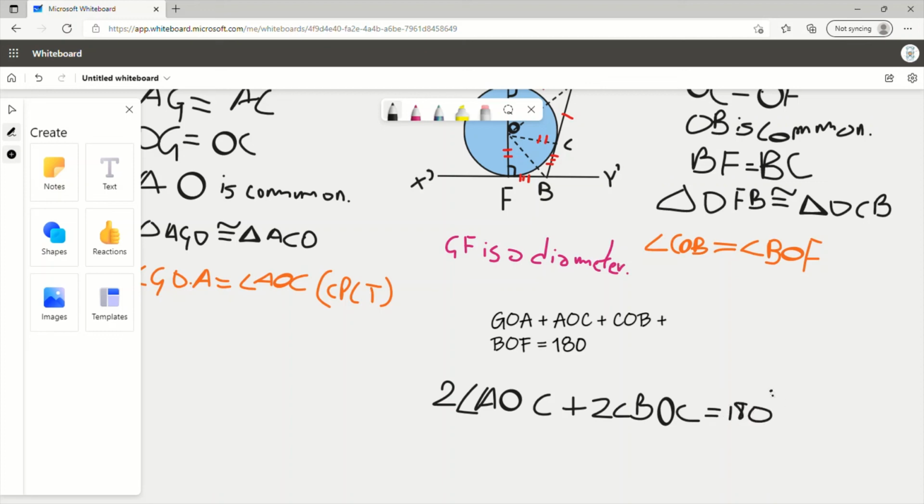So if we divide both these sides by 2, we get angle AOC plus angle BOC, which is 90 degrees, or in other words, angle AOB equals 90 degrees.